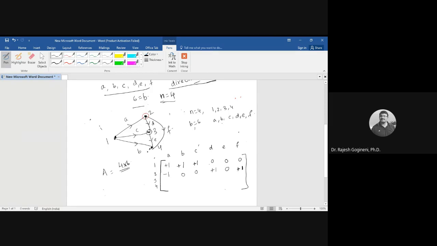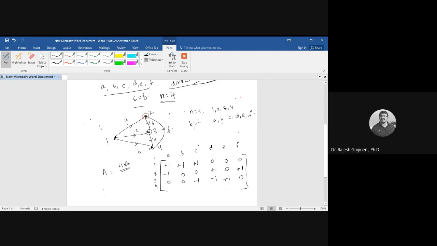That's 3, right? C is approaching means -1. D is approaching, -1. What about E? +1, E is leaving. So remaining entries are zeros.